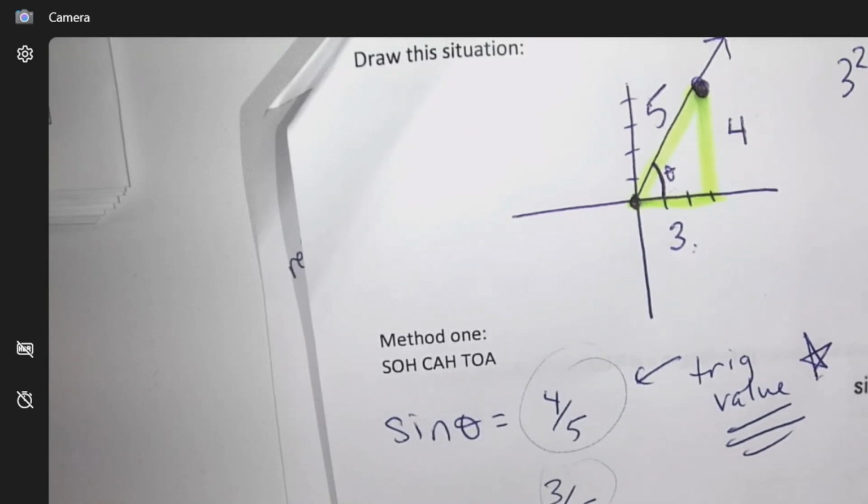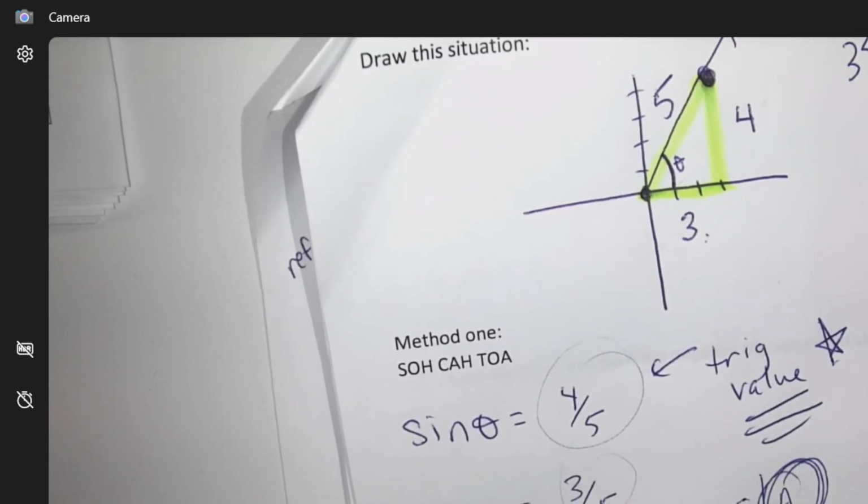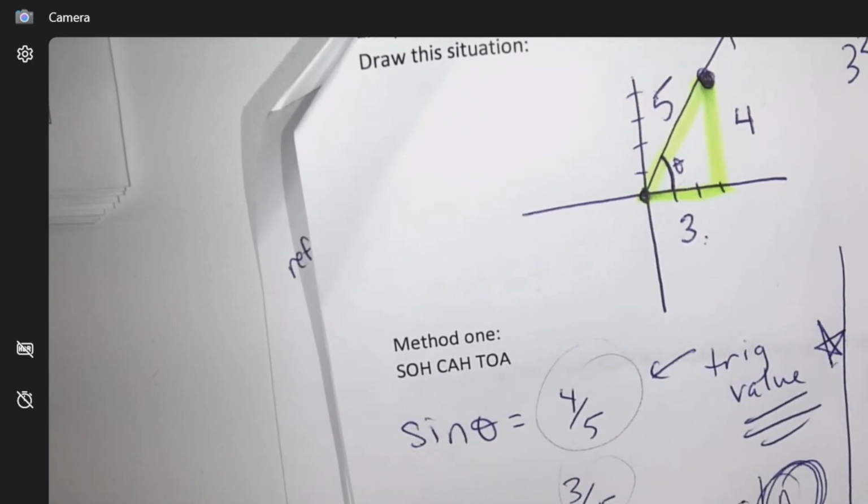Why are they all positive? They're all positive because they're in quadrant 1, the A in ASTC. Okay, so this is grade 10. Moving forward, you always have that tool.